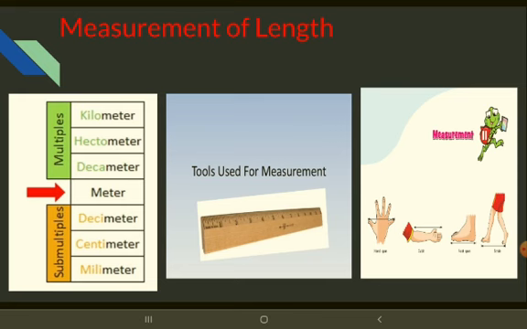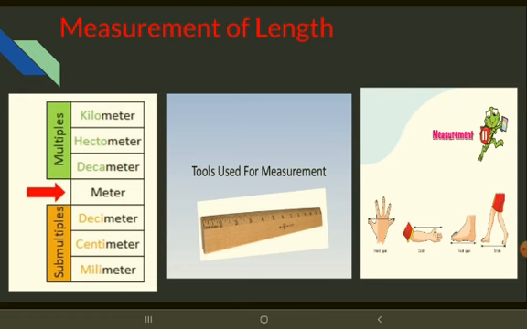For small things you are going to use tools like a scale. For a long distance you can use the meter, and for still longer distances, the kilometer. Small things you measure with the scale. The meter is written as m.